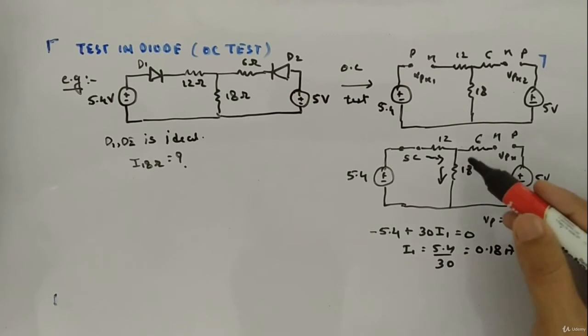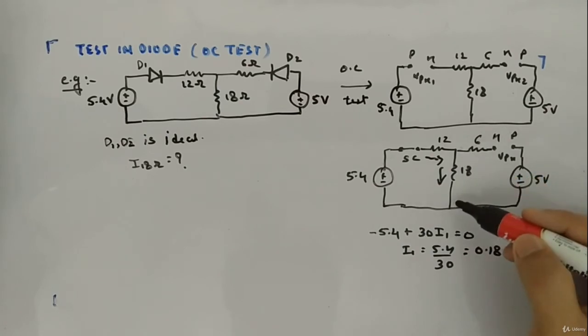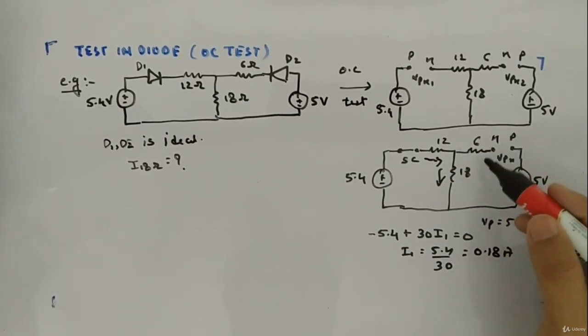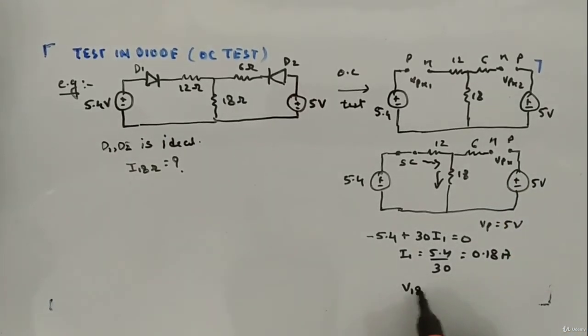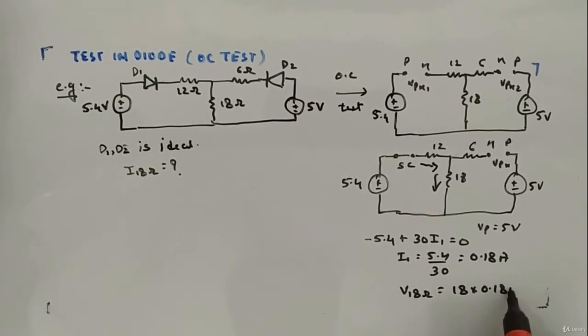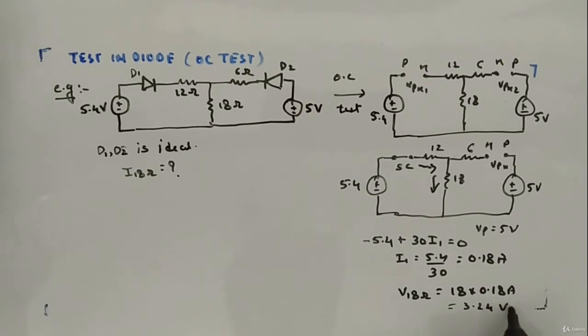Now to calculate the voltage at N, you have to calculate the drop across the 6 ohm and then the drop across the 18 ohm. But the drop across the 6 ohm will be 0 because there is no current. The drop across the 18 ohm we can calculate: V18 ohm is equal to 18 into 0.18 ampere, which is 3.24 volt.